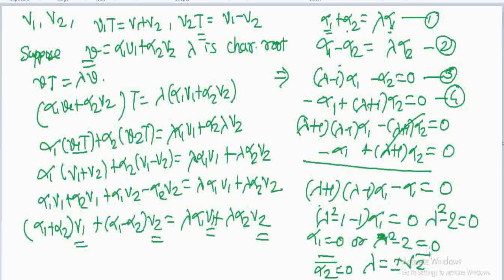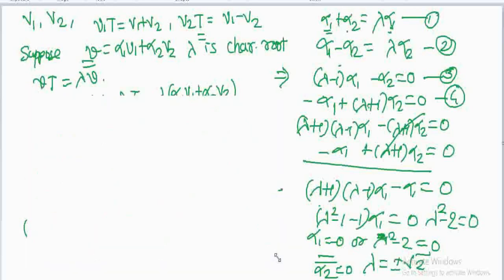So let us take the condition when lambda equal to plus under root 2.